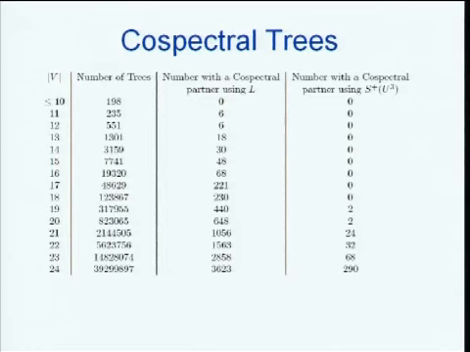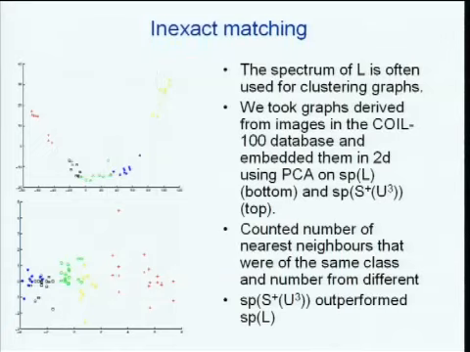The spectrum here is based on a rather different matrix operator, and what we see is that that choice of matrix operator reduces, in the case of 24 nodes, which is as far as we could go given the computing power available, the number of co-spectral trees by a factor of greater than 10. And so this representation would appear to be a powerful one for analysing the spectra of graphs.